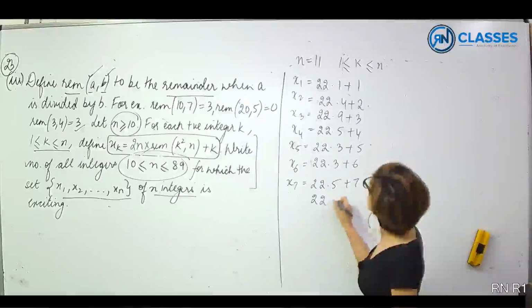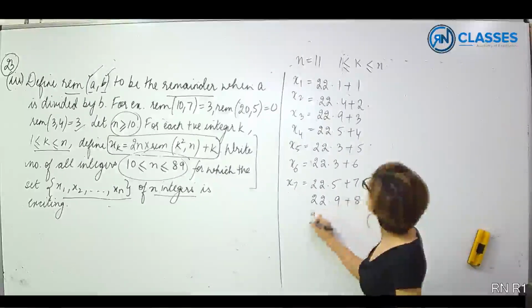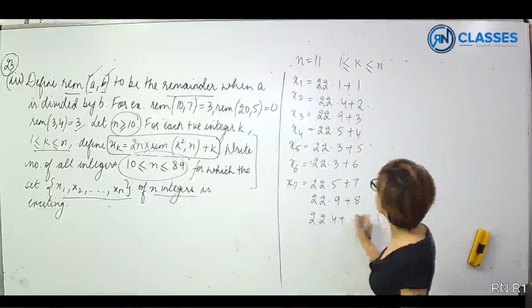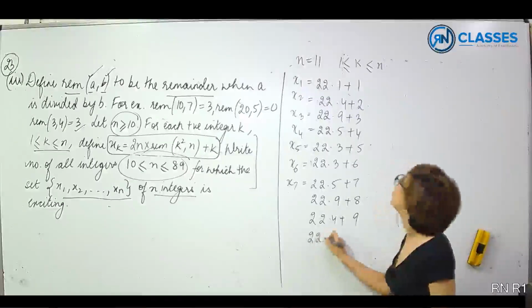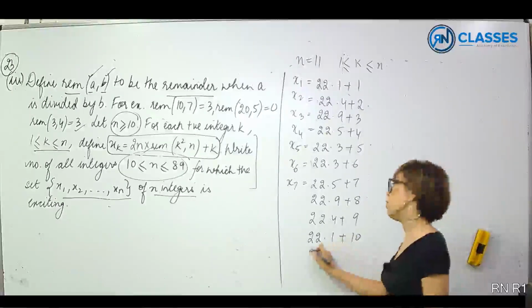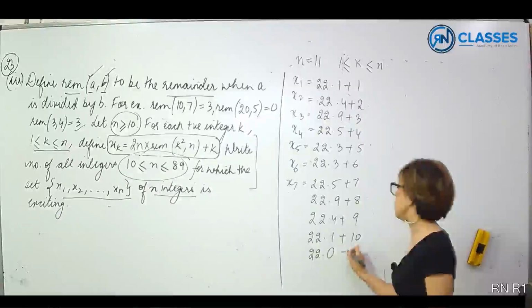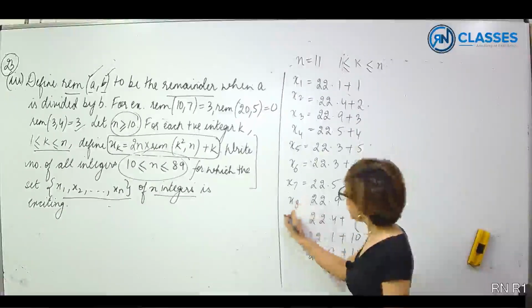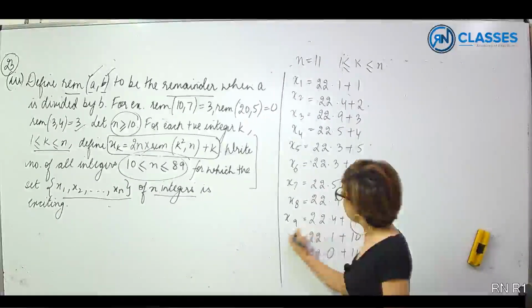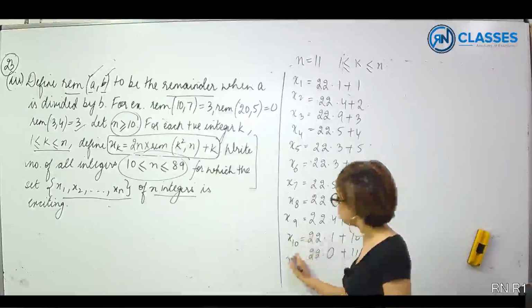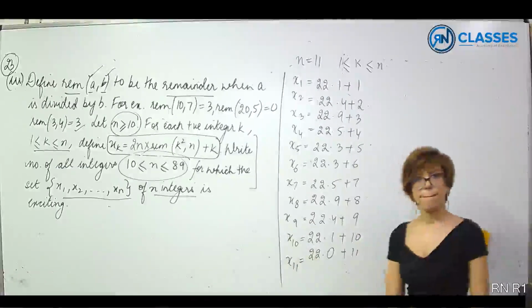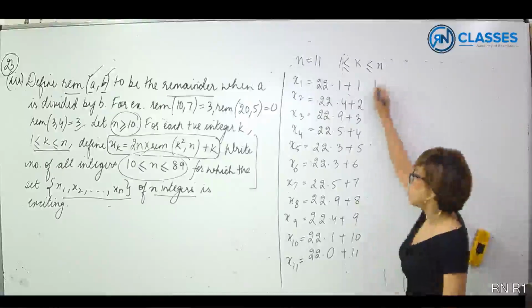Then 22 into 9 plus 8. Then 22 into 4 plus 9. Then 22 into 1 plus 10. Last, obviously, 22 into 0 plus 11. Right? Now, if you look, can you see what is the observation over here? I think observation is pretty clear.